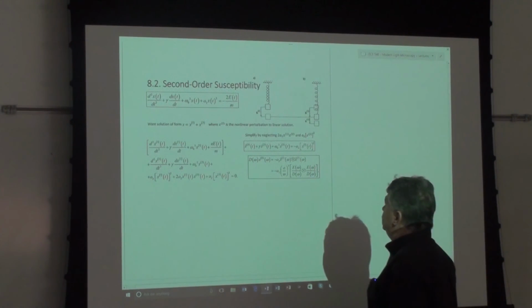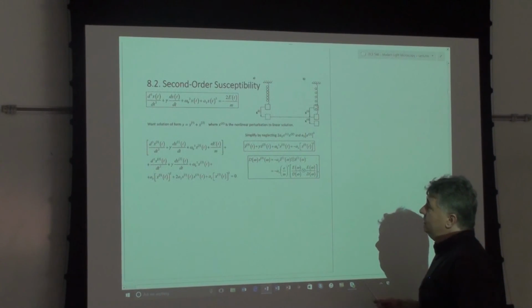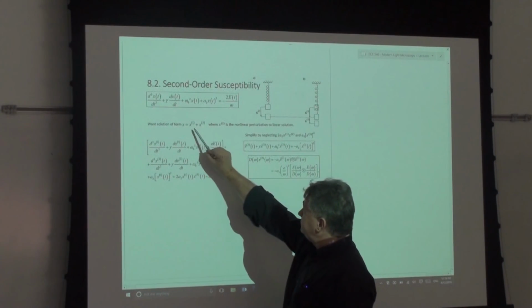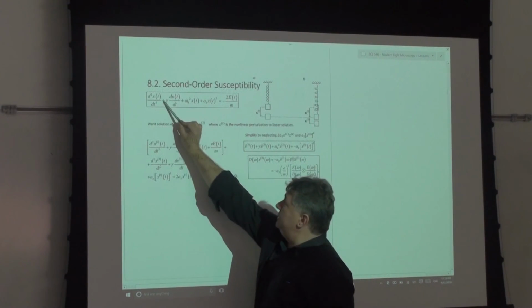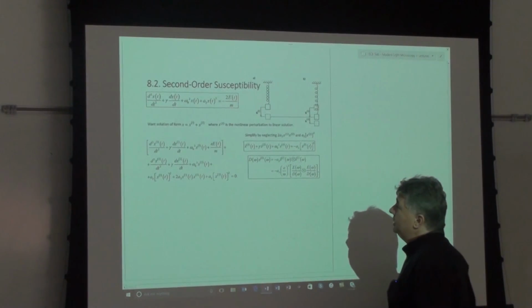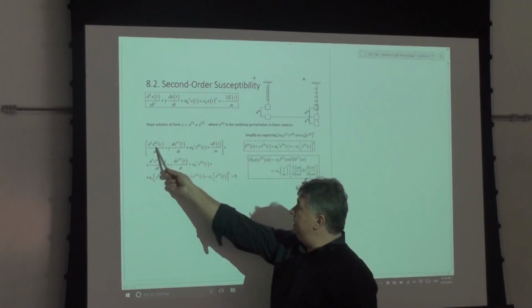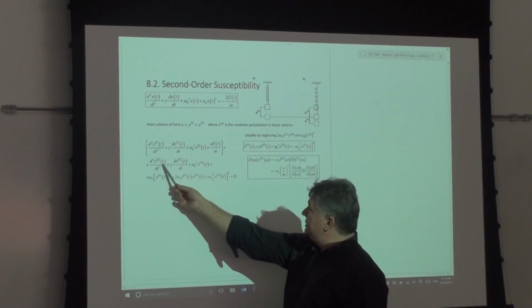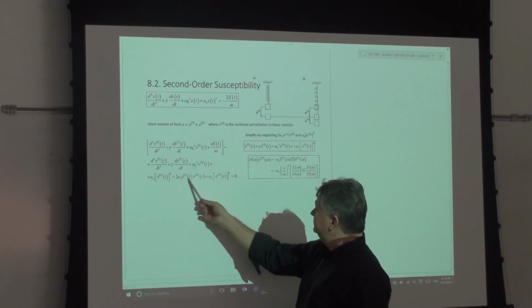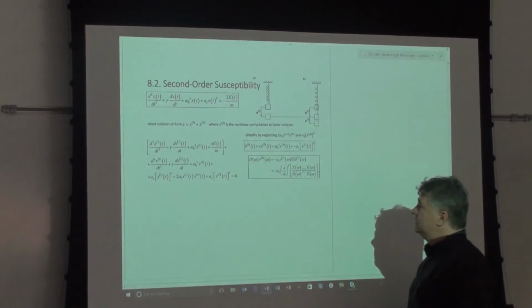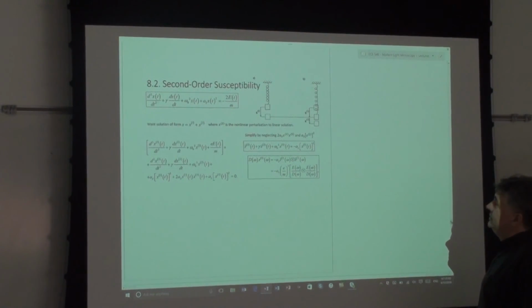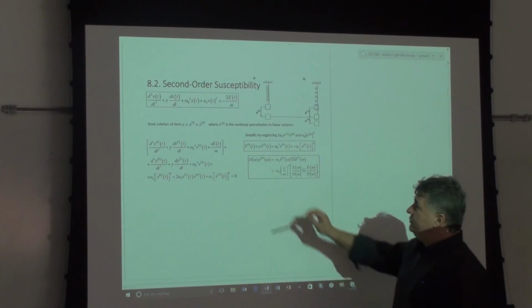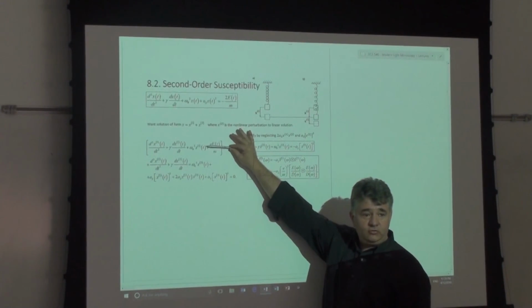Basically, if you insert x1 plus x2 in the original equation, you get the linear one, so this is the linear equation, plus everything with x2 in it. So this is the x1 part.